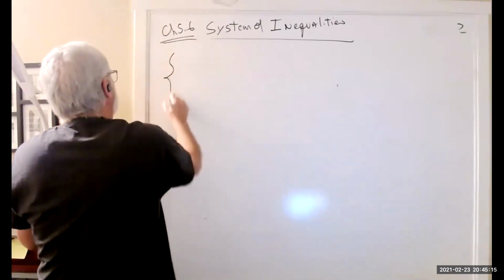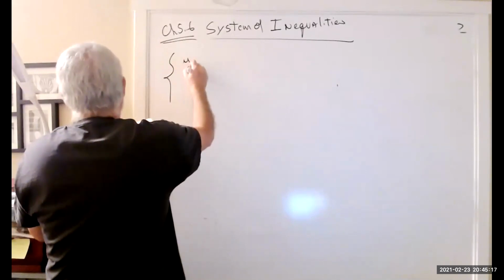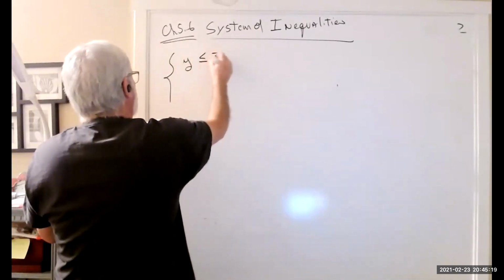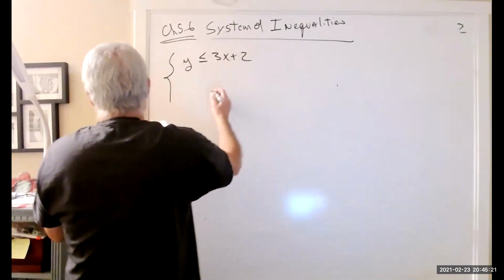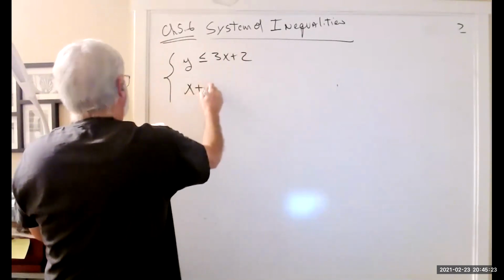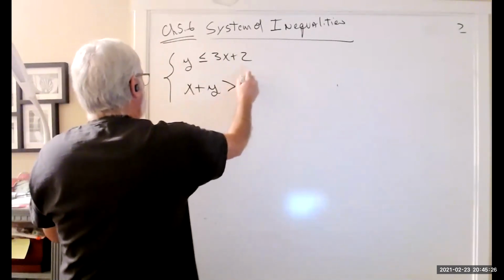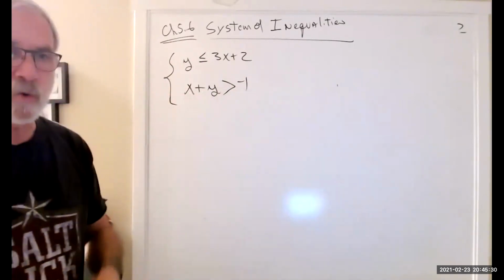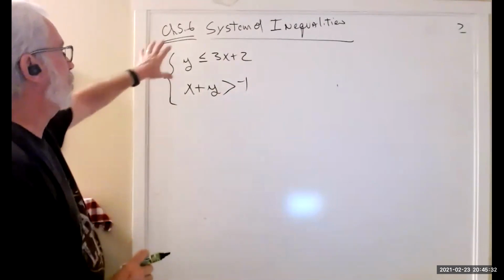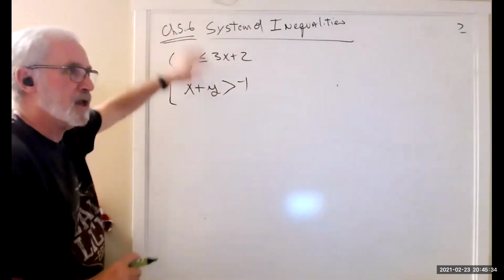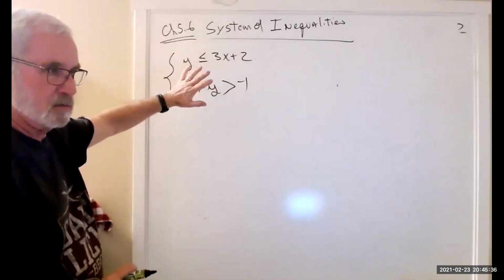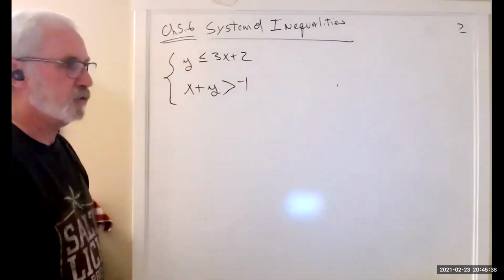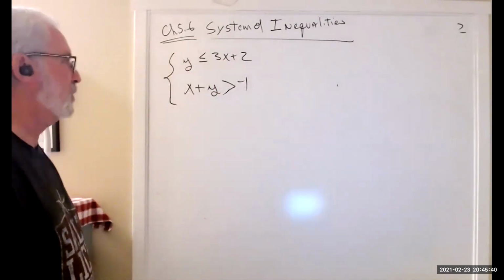What if I said system: y less than or equal to 3x plus 2 and x plus y greater than -1? What if I gave you 2 equations that were both inequalities? Well, guess what? You graph them both on the same grid.